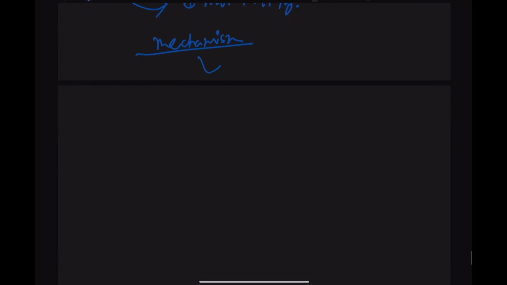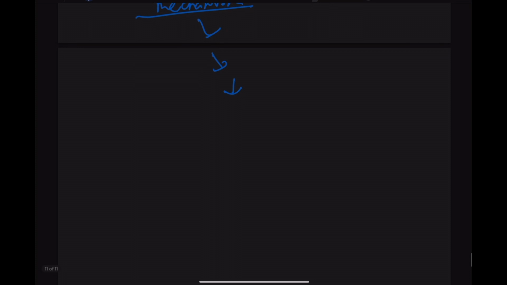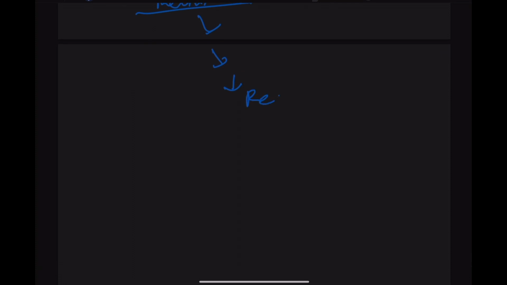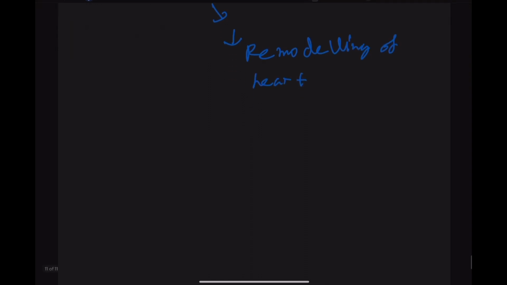Though the mechanism in the heart failure is unclear, it has been suggested that it decreases the remodeling of the heart, and it also decreases the apoptosis of cardiac myocytes.